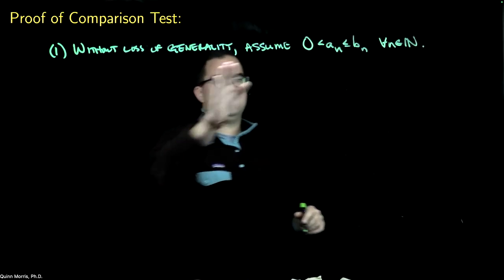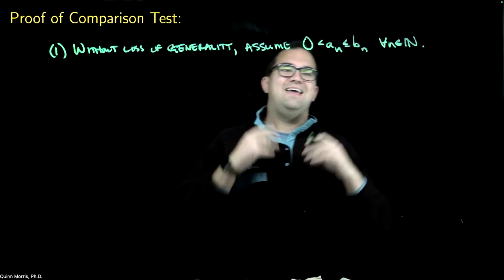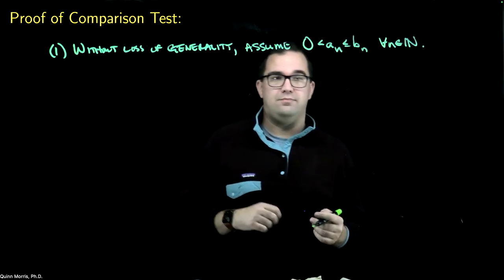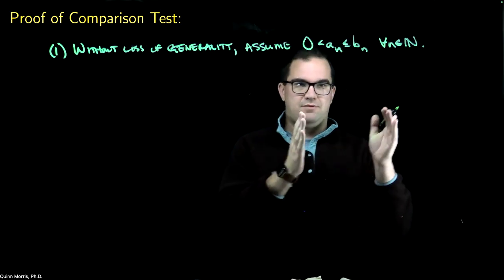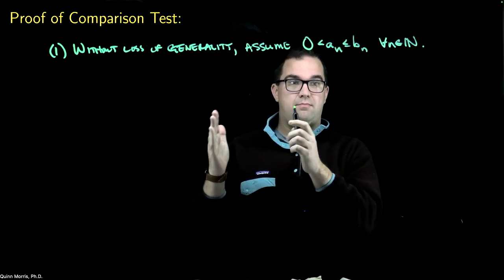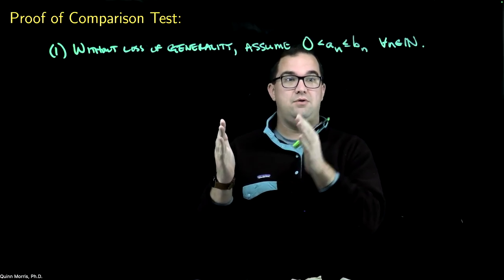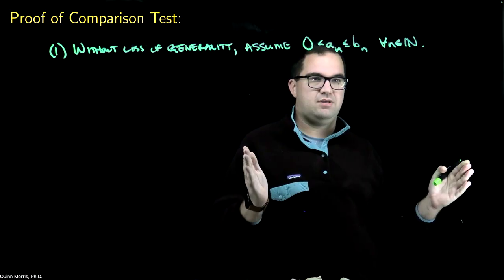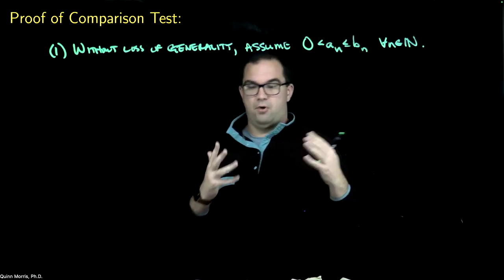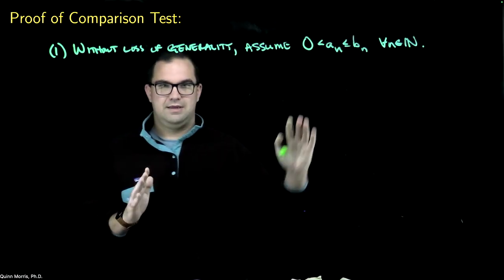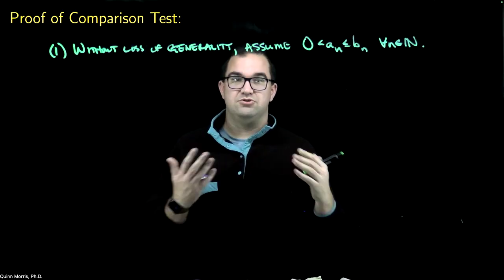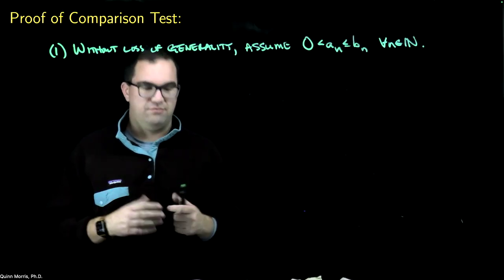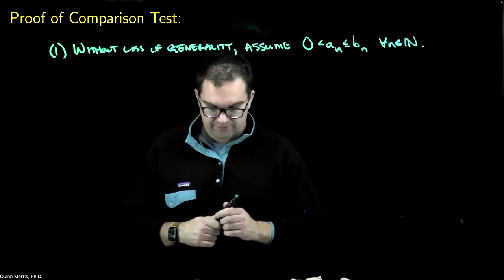Just assume that this condition holds for every term. If it doesn't hold for every term, then you just have to do a little more bookkeeping. You have to break off the finite chunk of terms at the beginning where this doesn't hold, and then apply everything to the end part. But it really doesn't change the essence of the proof in any significant way.